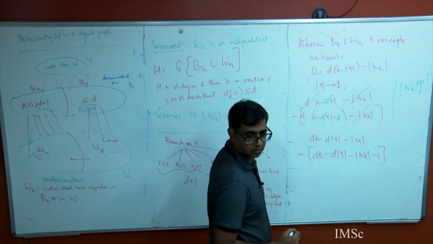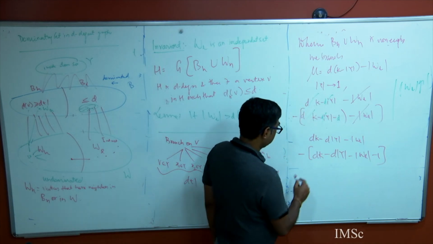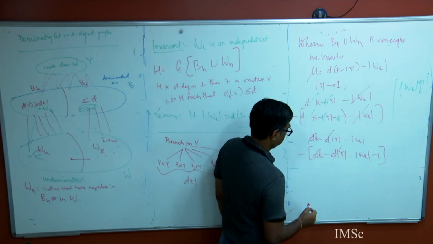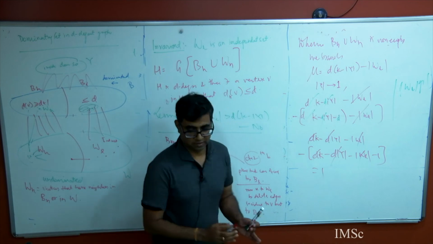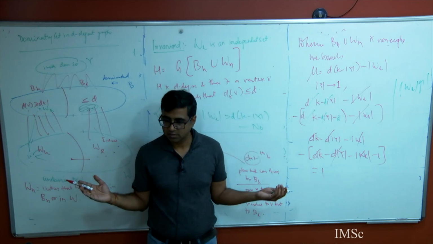Agreed? Plus WL minus 1. So at least my measure dropped on both sides. I am a very happy person, right?